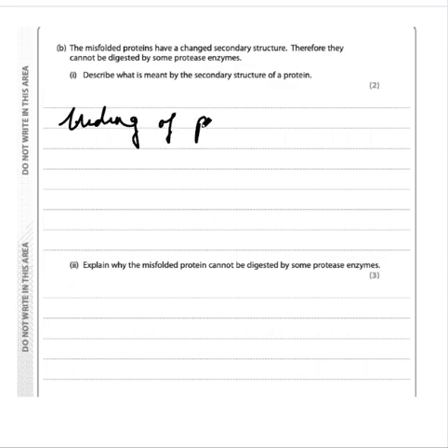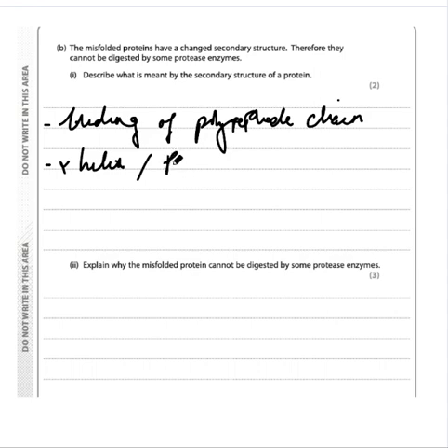Folding of the polypeptide chain. The second mark is that it folds into an alpha helix or a beta pleated sheet. And another mark you can put in is the formation of hydrogen bonds.